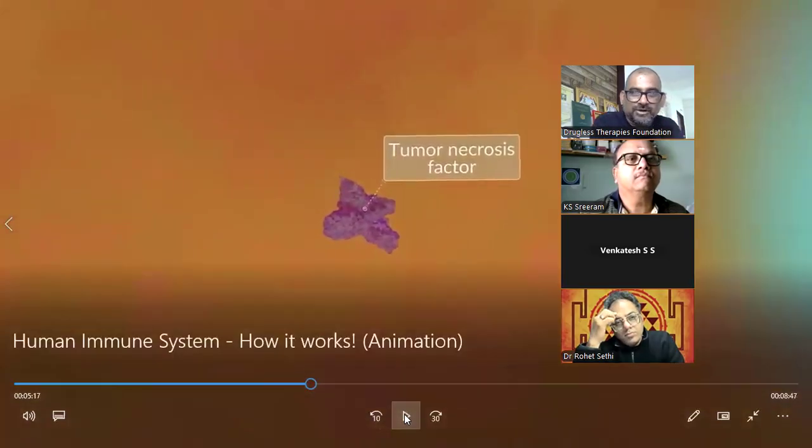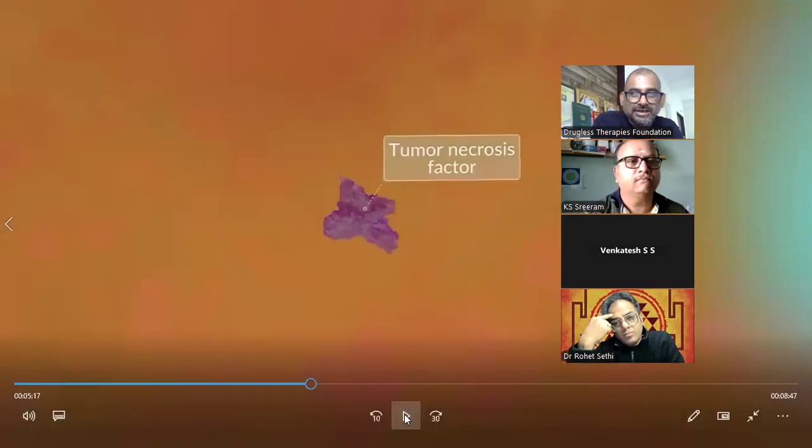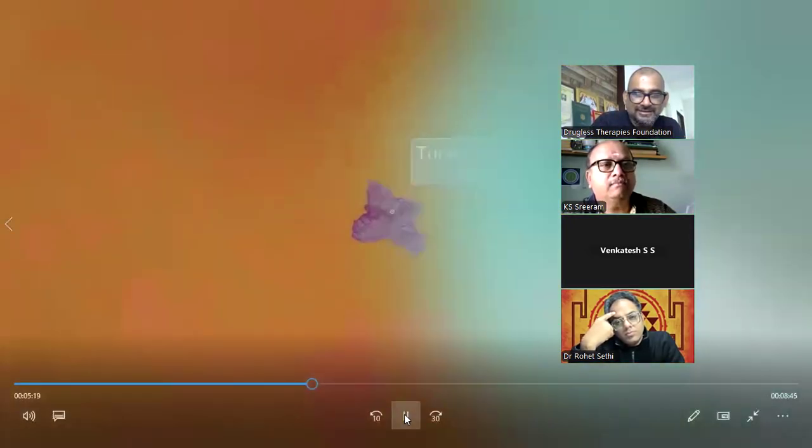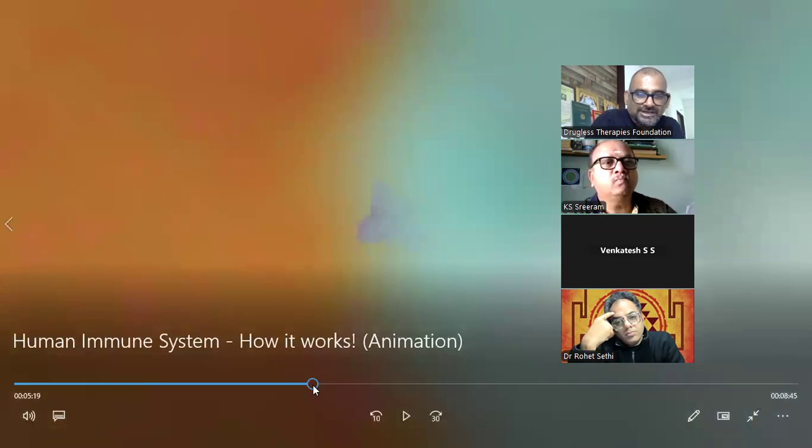This is a very, very important point. This is where, if this particular factor is disturbed, the tumor starts growing. It stimulates leukocyte production. What is the name?